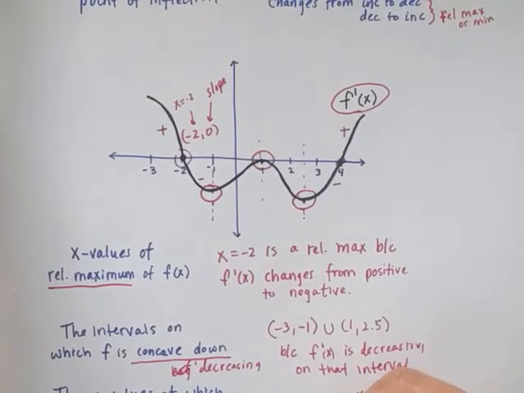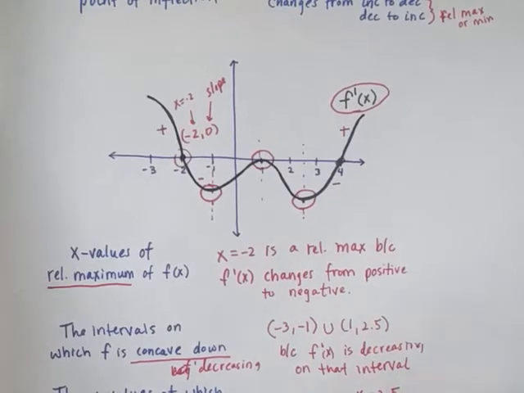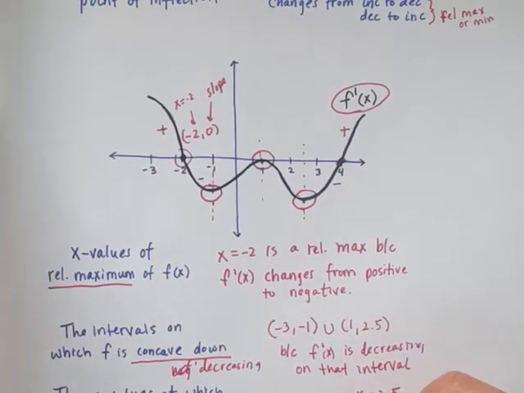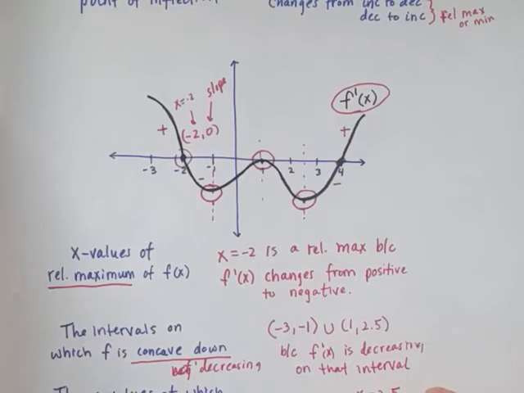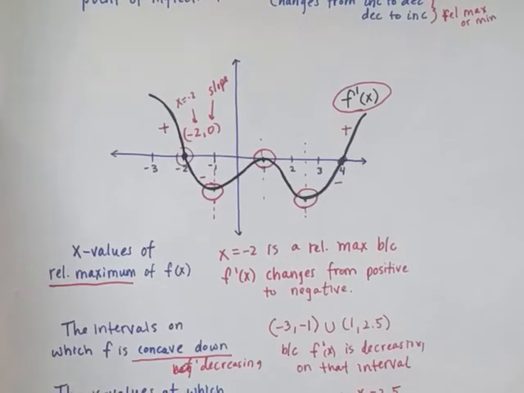And we're going to say because f prime of x, or the slope, changes from increasing to decreasing or decreasing to increasing.